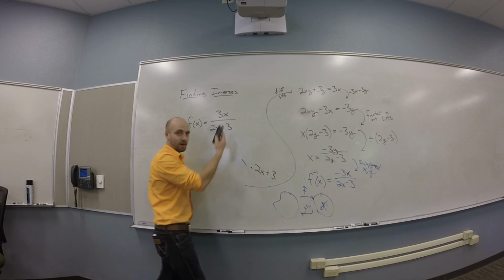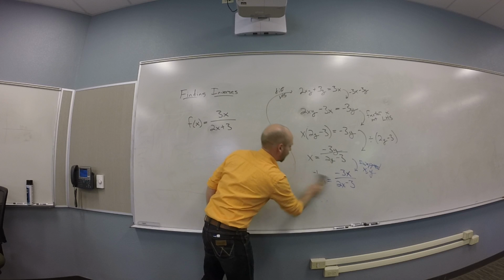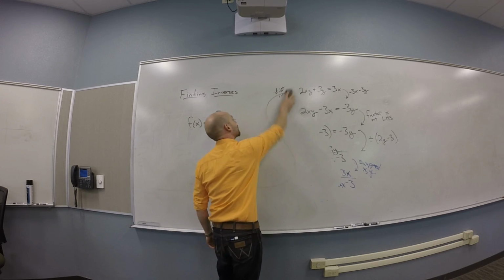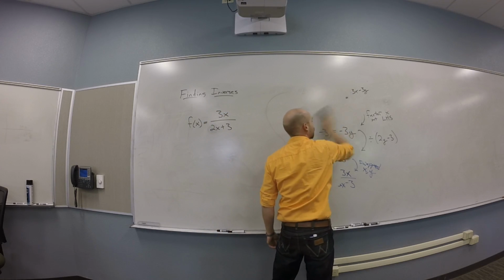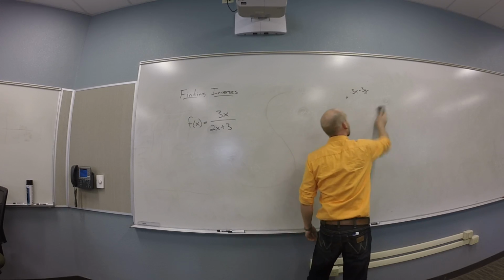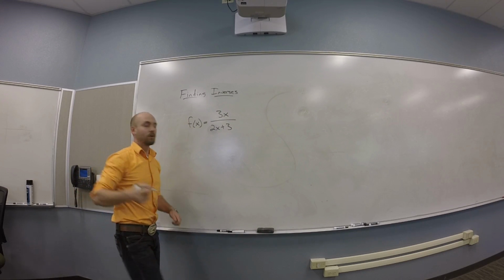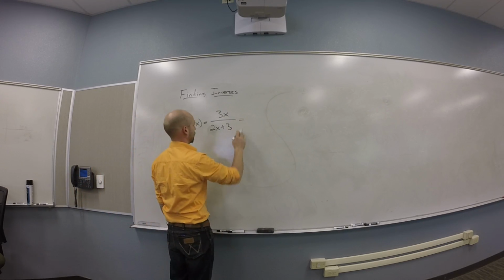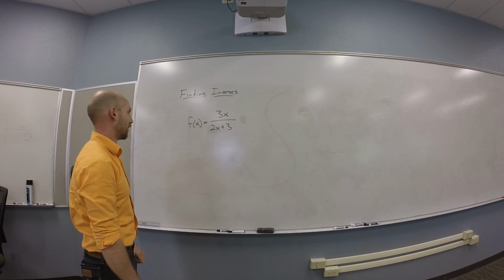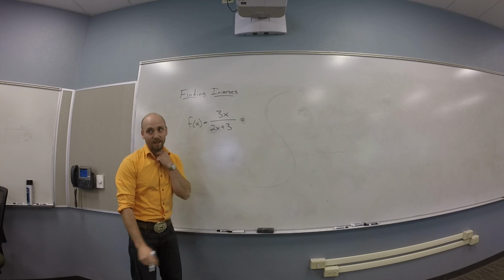You guys want to see the bubble diagram for this thing? Yeah. This function has an asymptote, which is what makes inverting it a little bit tricky. X cannot equal that value. So if we want to try the bubble diagram, we just think about this: how can we get the denominator to zero?